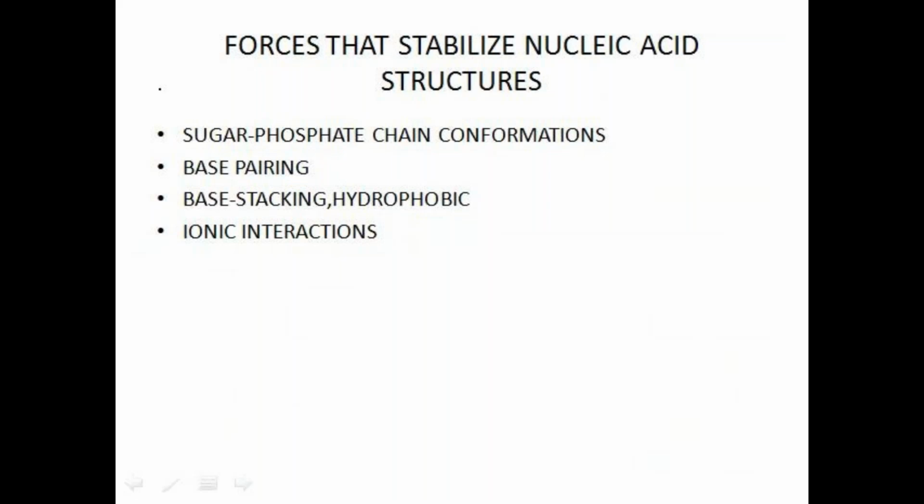I already told you syn conformation is there, anti conformation is there, and also C3' endo and C2' endo are there. Depending upon the position of carbon atoms, sugar puckering is present, and these change in their conformation depending upon the sugar phosphate chain.